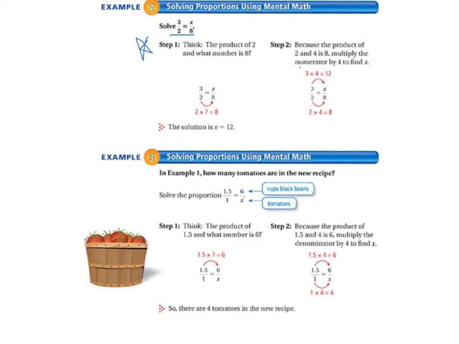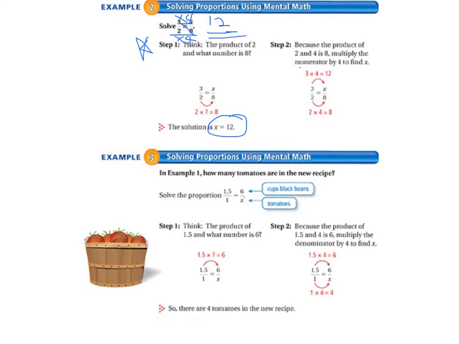This is very similar to what I call the backwards Z in my class. So you go 2 times 4 equals 8, and then 3 times 4 equals 12. So X equals 12. Again, it's just equivalent fractions.